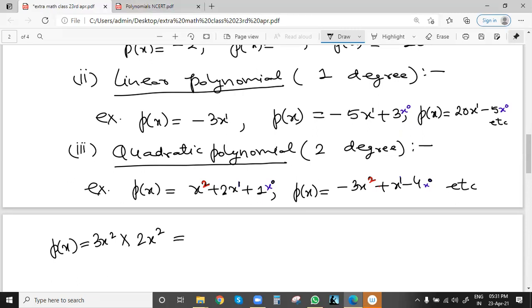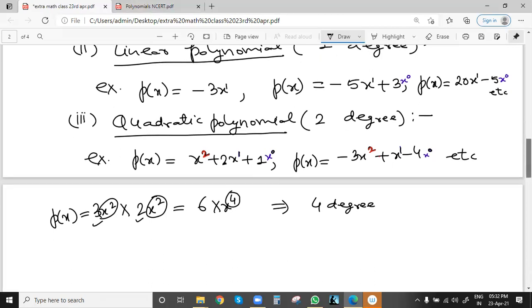We will multiply like terms: 3 and 2 are numbers, so 3 into 2 is 6. The other like terms are x square and x square, and they will also be multiplied. The base will be the same, x, and the powers will be added, giving 4. So the maximum power of x is 4. So the degree will be 4, a fourth degree polynomial, or a polynomial having 4th degree.